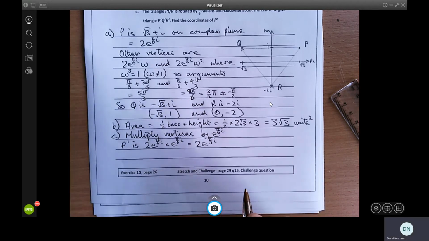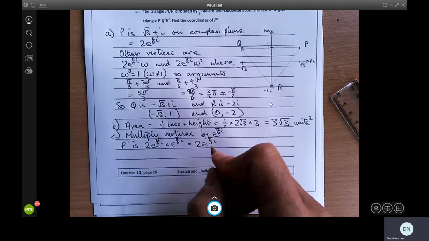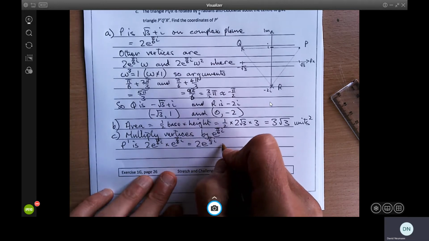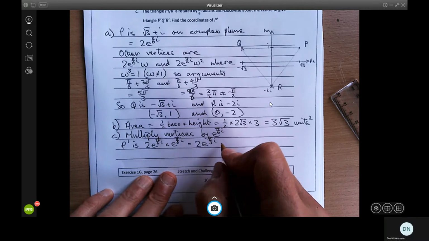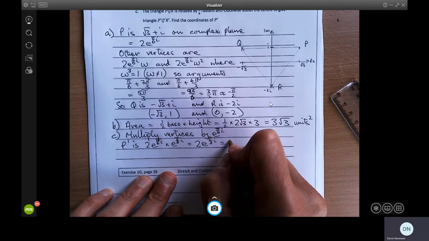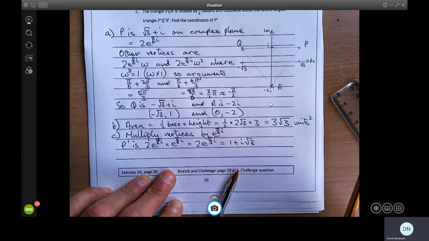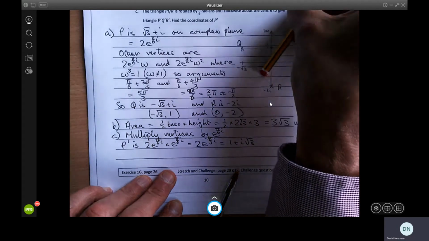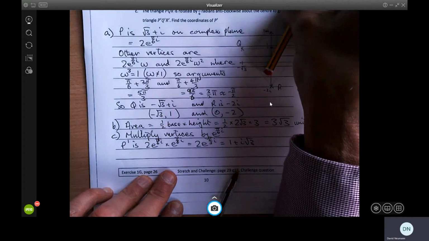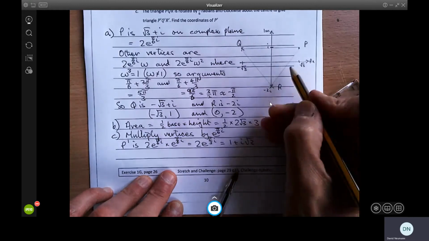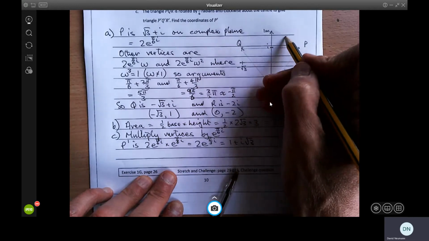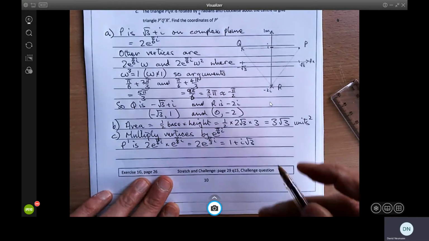So we could write that as 2 times cos of pi over 3 plus i sine pi over 3, which is 1 plus i root 3. We're really just taking this P and rotating it around another pi over 6. So this now becomes 1, this becomes root 3i. So 1 plus root 3i.